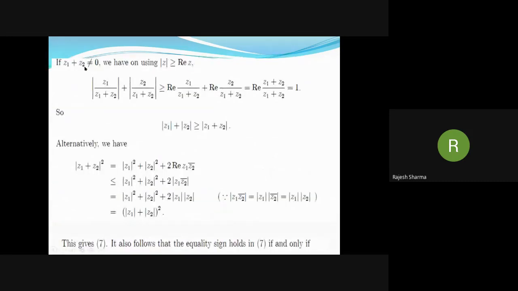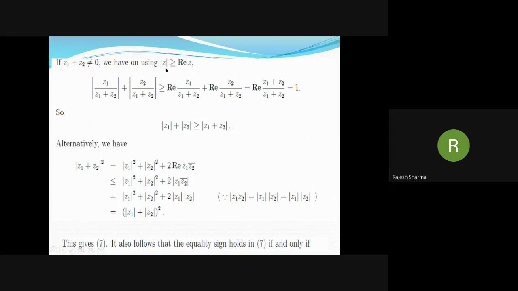If z1 plus z2 is not equal to 0, then note that mod z1 over z1 plus z2 plus mod z2 over z1 plus z2 is greater than or equal to the real part of z1 over z1 plus z2 plus the real part of z2 over z1 plus z2.